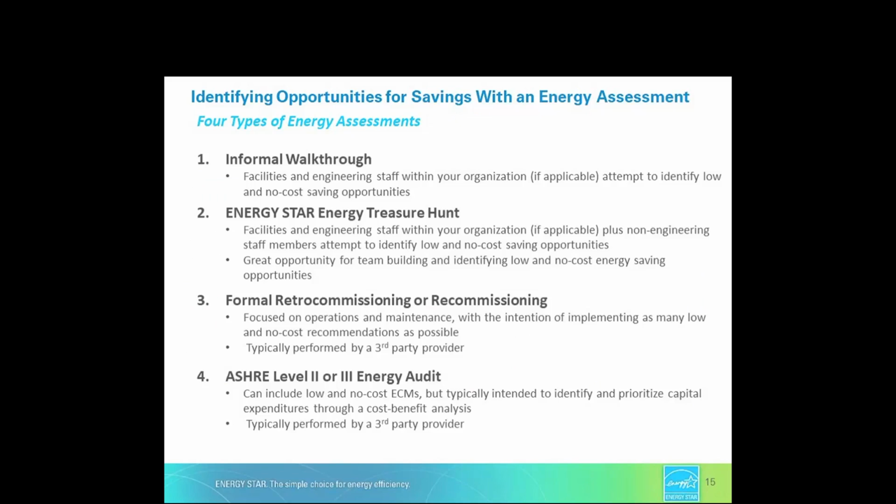Some of these are available through Energy Star itself, and we do have links to these at the end of the presentation. There are basics like cleaning your light fixtures so that light can get through, changing out your filters, things like that. But getting down to the basics into the nitty gritty can really have an impact on your energy performance. And it really doesn't need an assessment to get there.